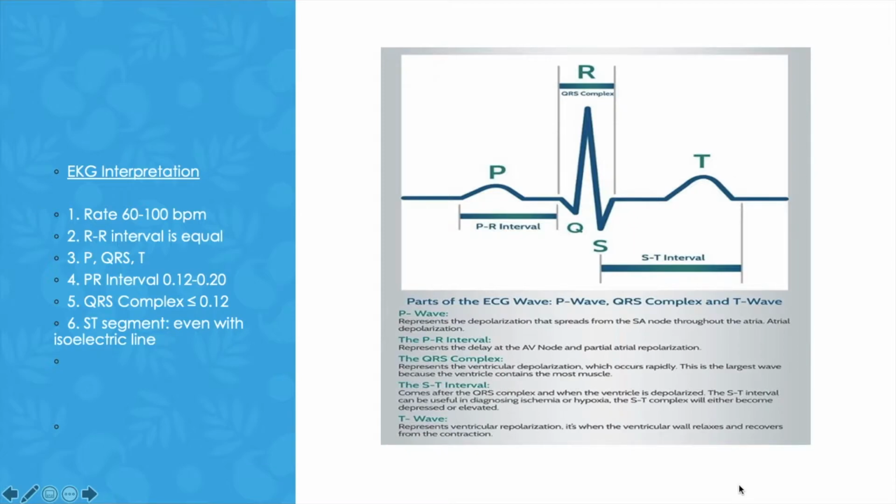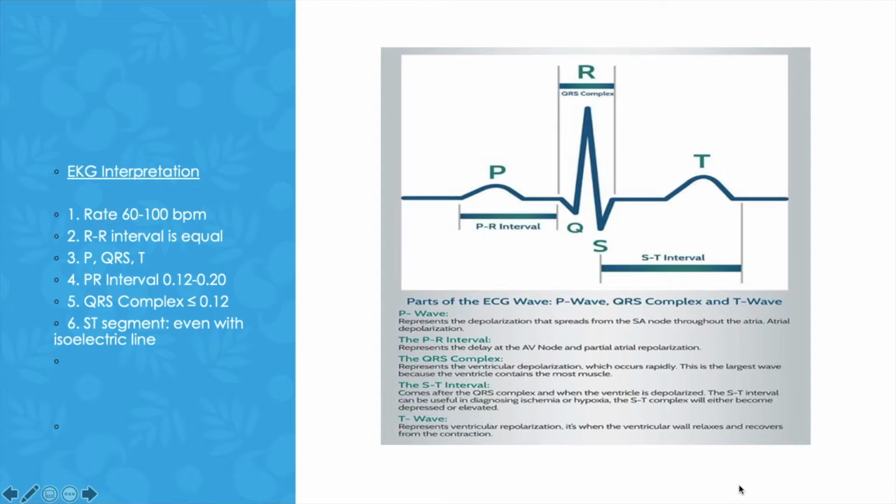We also have to measure the PR interval and the QRS complex. The PR interval is going to be more for the atria, whereas the QRS complex has to do with how long it's taking the ventricles to pump out the blood.